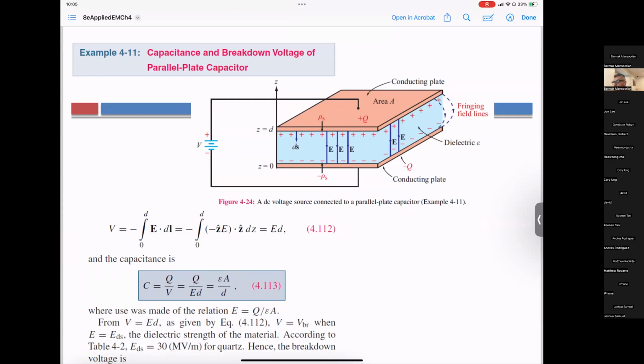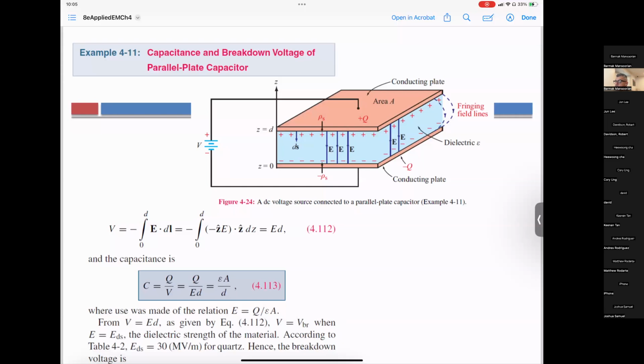But for a transmission line in a printed circuit board, this is pretty typical when trying to calculate the capacitance of the line. The reason it's so convenient is that it's so simple to calculate the electric field between these two plates.